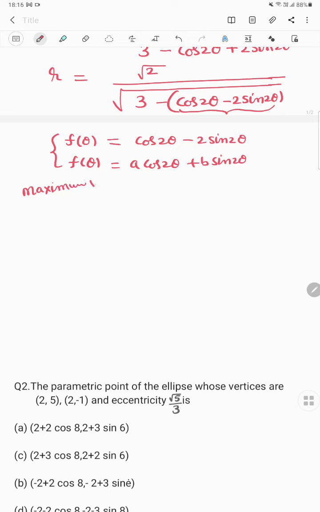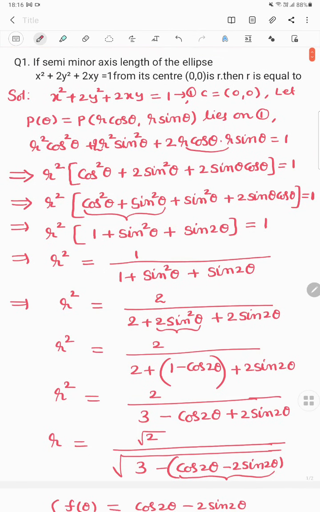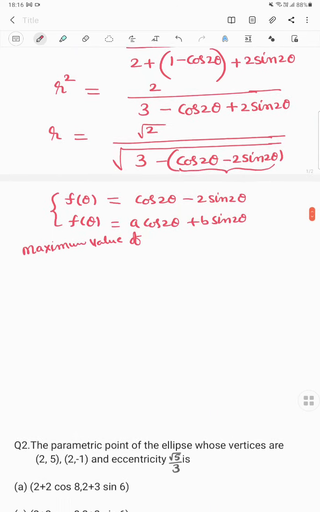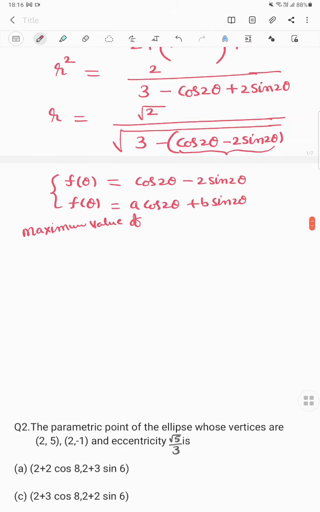Whenever it is in the denominator, it will become the maximum value. The question is not asked this way, but the semi-minor axis length can be asked in terms of the maximum value of r.